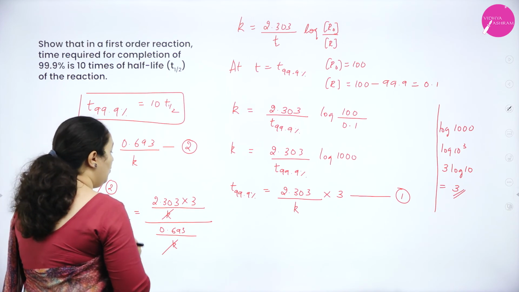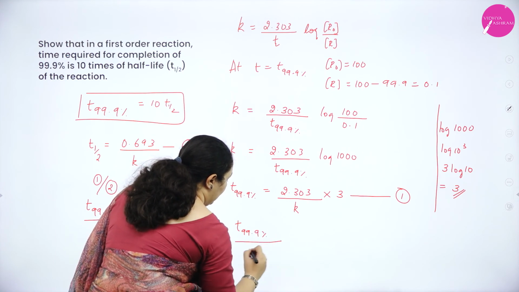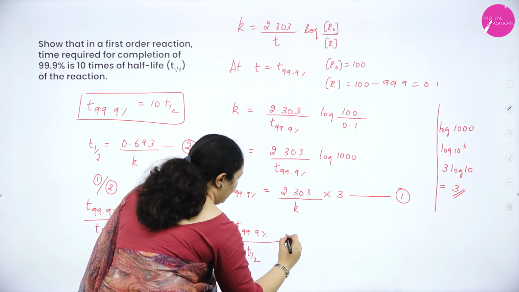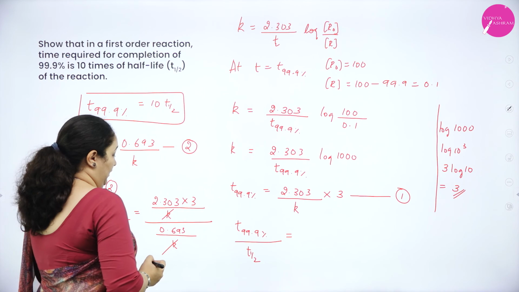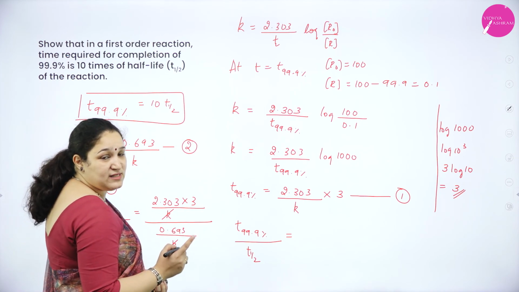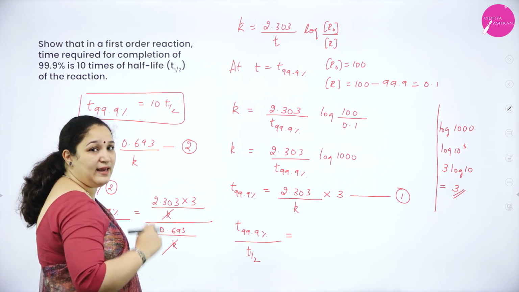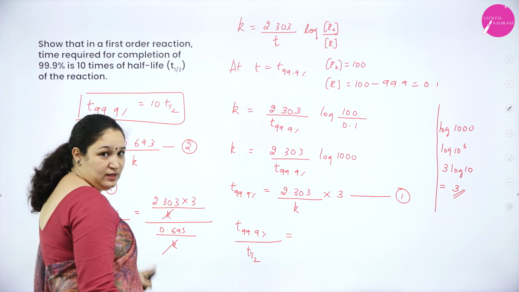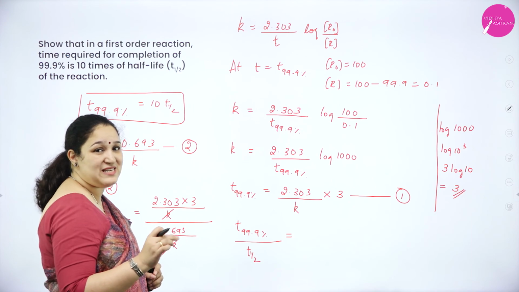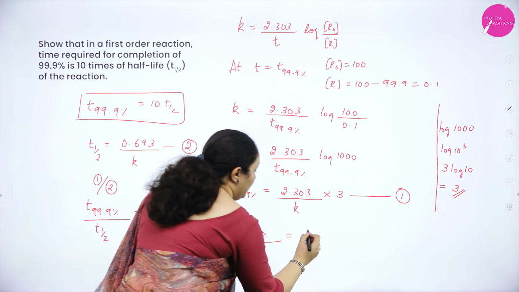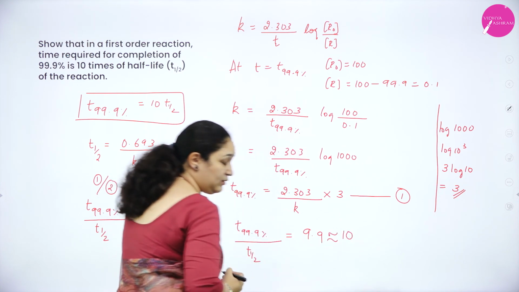If I solve this, what will I get? T 99.9% divided by T half is equal to 2.303 into 3 divided by 0.693, which is 9.999. If I solve this, I'll get 9.9, which is approximately equal to 10.